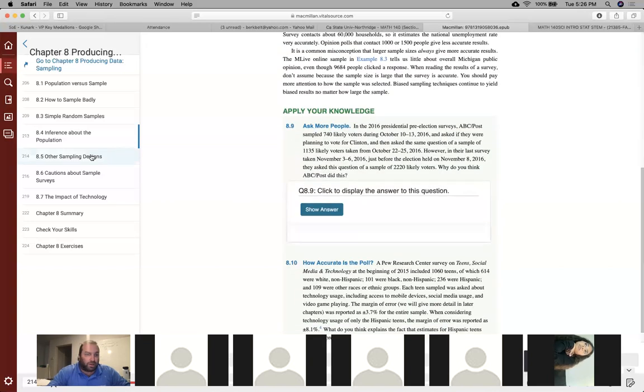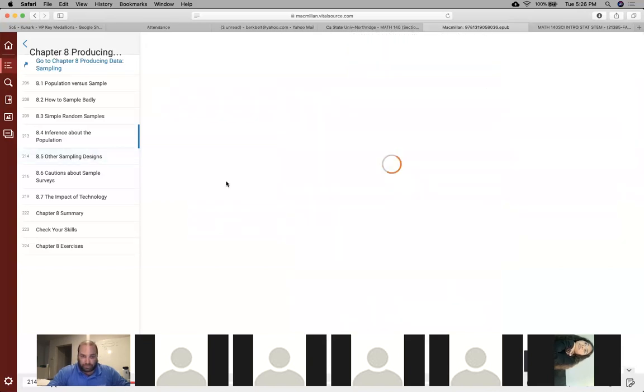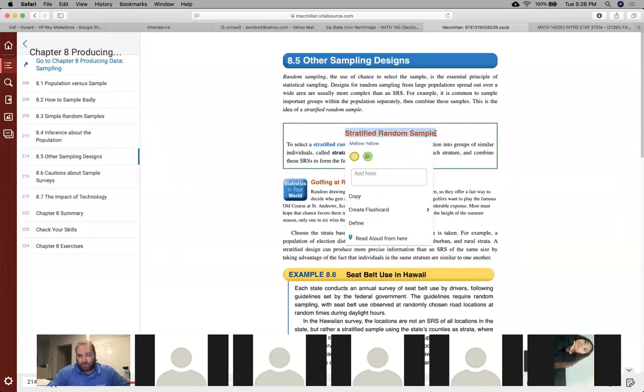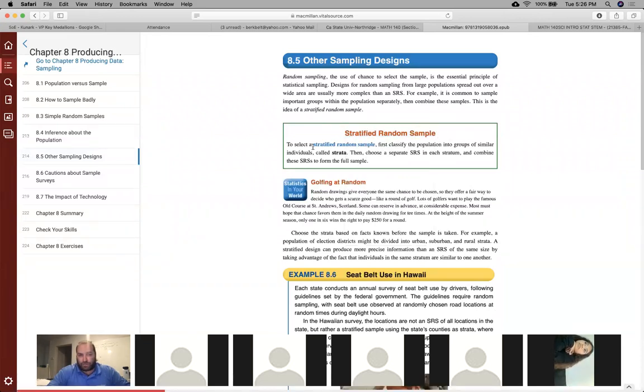Now, what are some other sampling designs? There's something called a stratified random sample. A stratified random sample is where you divide the population into groups called strata, and then you choose an SRS from each one. What's an example? Suppose I first divide up the population into males and females, so I can take a random sample of each one, because I expect males and females to be different for this particular experiment.